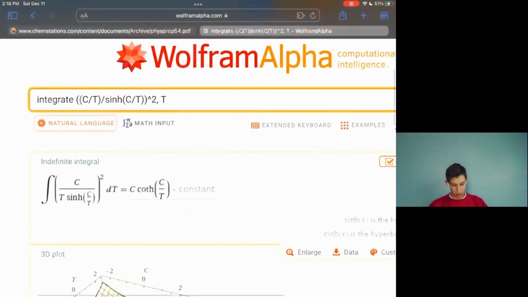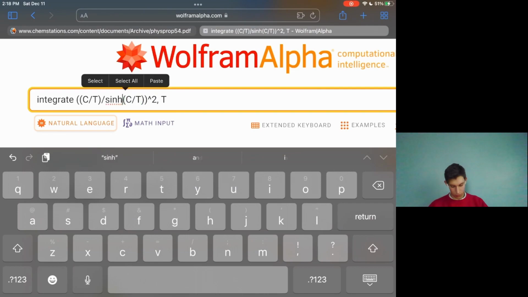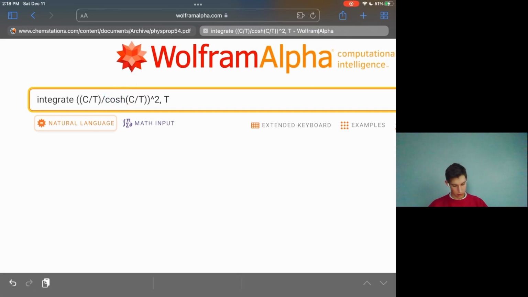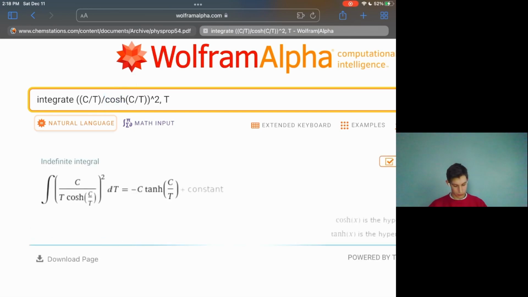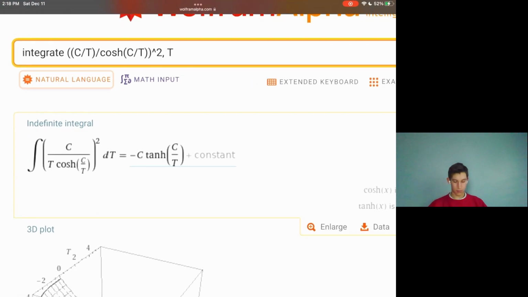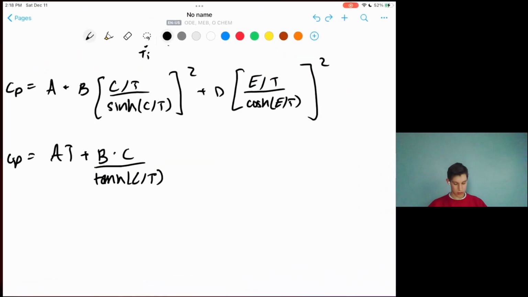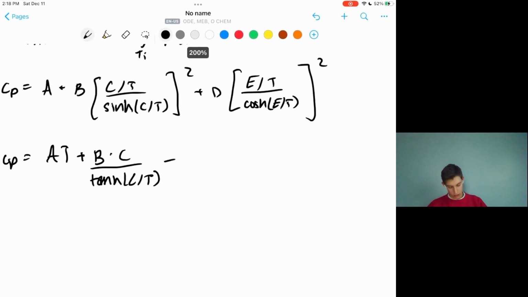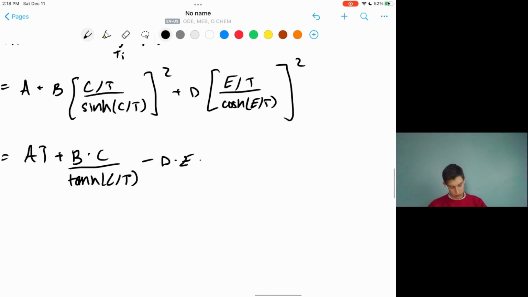And then if we go back and just change this part to hyperbolic cosine, we see it's negative now, the constant times hyperbolic tangent of the constant over t. So we have minus d times e times the hyperbolic tangent of e over t.